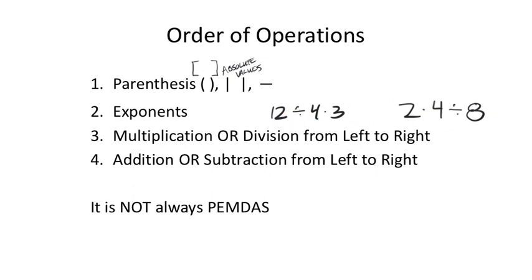But again, you're scanning from left to right. Oh, there's division first, I have to do it. Scanning from left to right, there's multiplication. Oh, I got to do that one first, all right? So it's multiplication or division from left to right. And then addition or subtraction as well. This is where the A and the S can be mixed, or like we've discussed already, the D and the M can be mixed. So it could be PEDMAS, or it could be PEMSA.